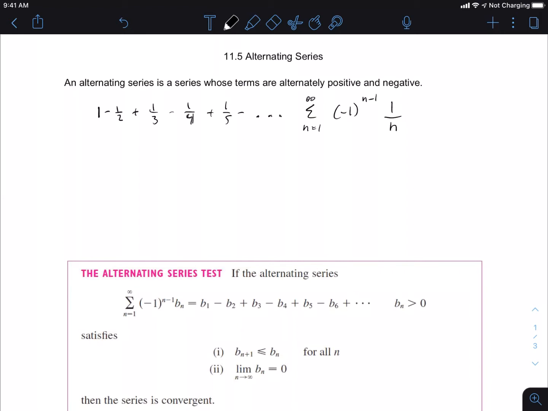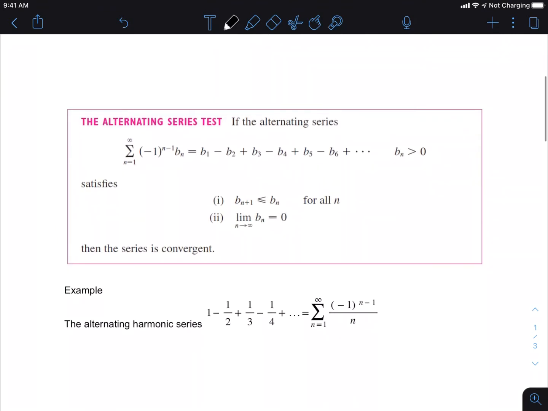And what's cool with this is we can determine if these series are going to converge or diverge. And so we have an alternating series test. What the test tells us is, if we have a series that's alternating, we can do two things to it.